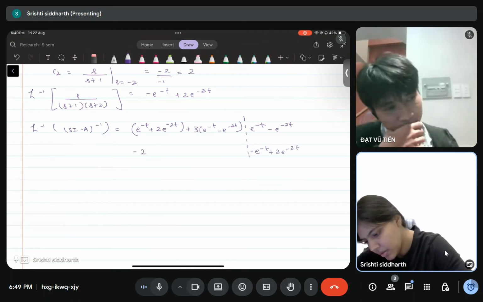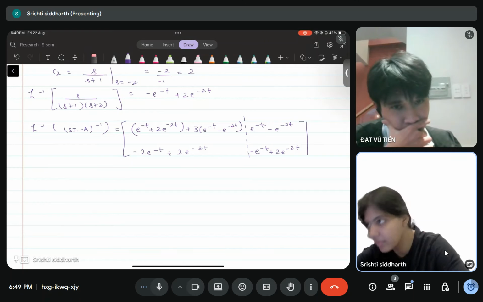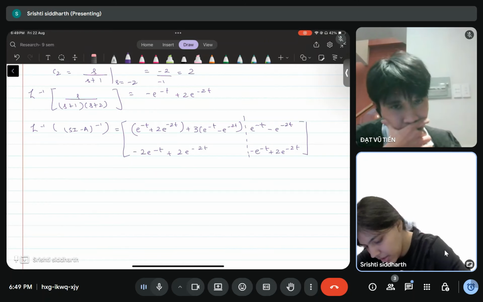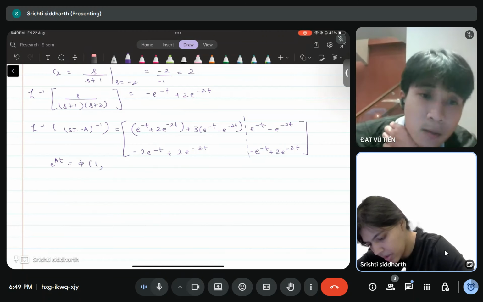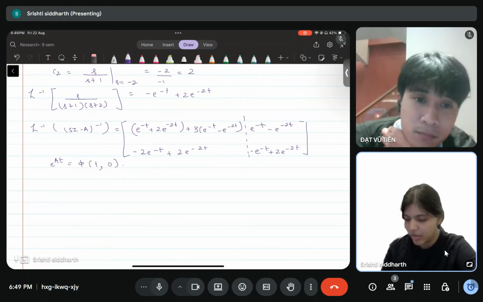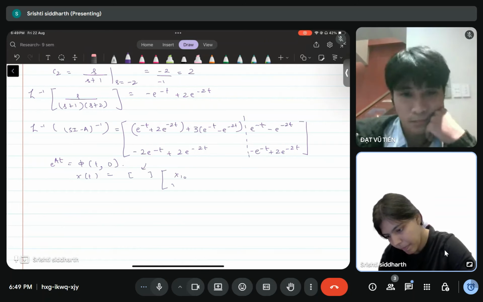And then this one is minus e to the power minus t plus 2 e to the power minus 2t. Okay. So this is also e to the power At, which is also the state transition matrix Phi(t, 0). So x at any time t is simply this matrix times the initial condition.